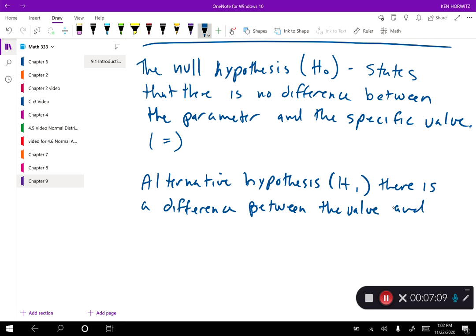All right, so we're going to look at a few examples and explore how to state H0 and H1.